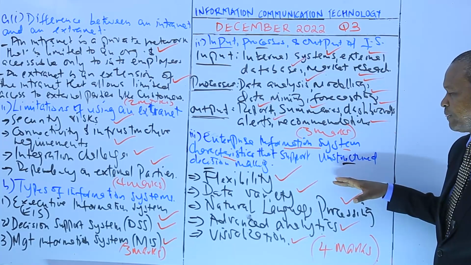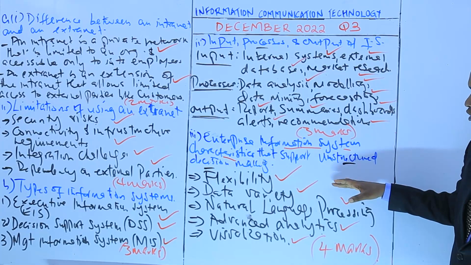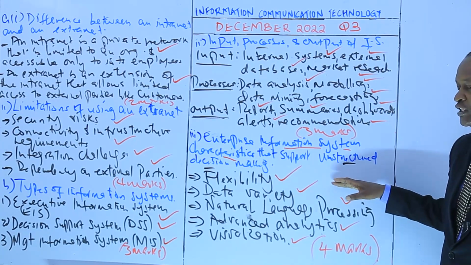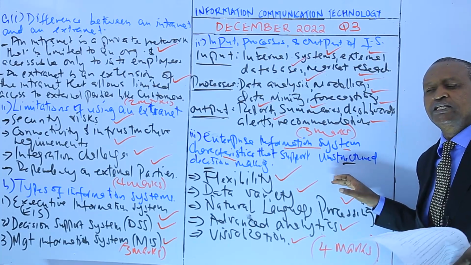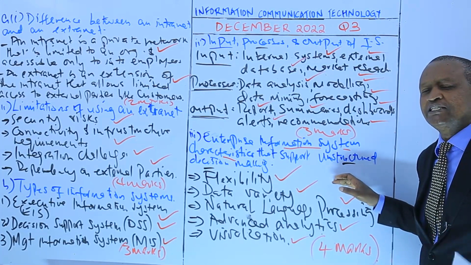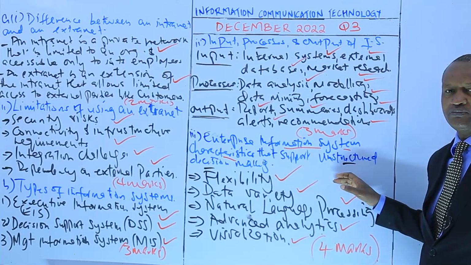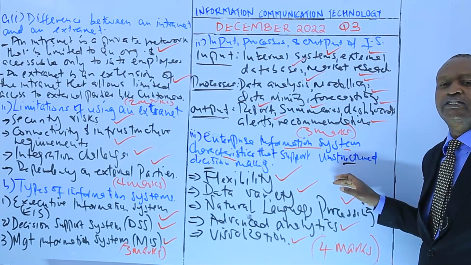One example of a system that supports unstructured decisions is what we call text analytics platforms or systems.